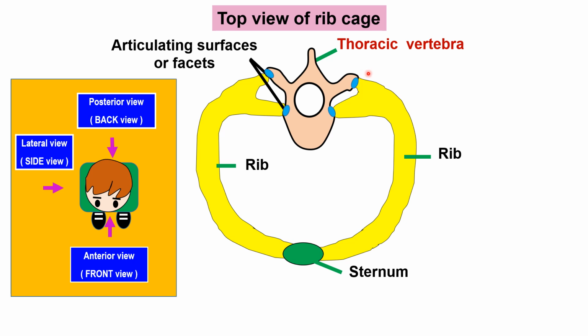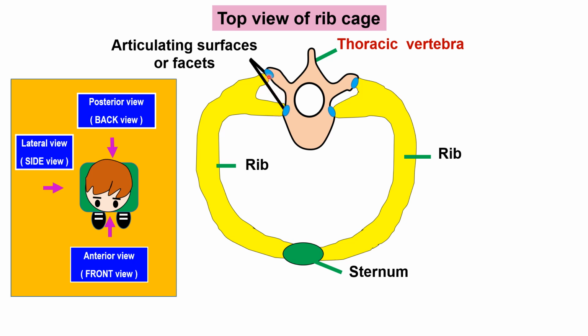Here is a view of the rib cage from the top, like looking down at a person, right? So the thoracic vertebra is found in the backbone here, and the ribs are attached to the thoracic vertebra at these 2 points, these 2 facets.